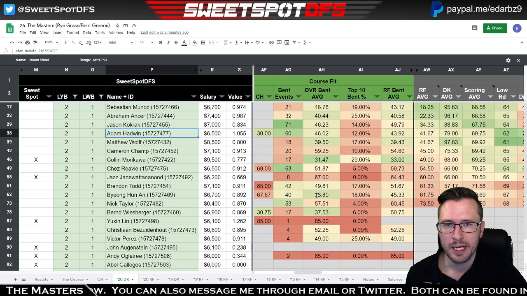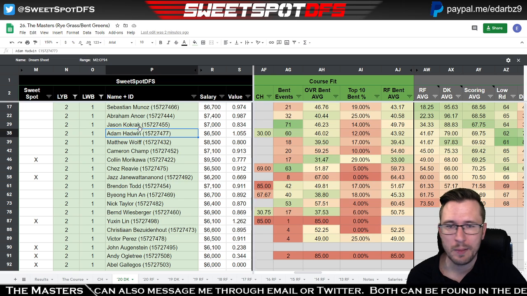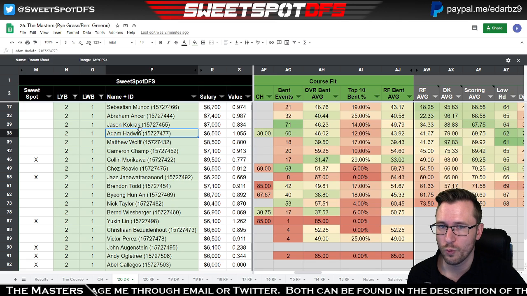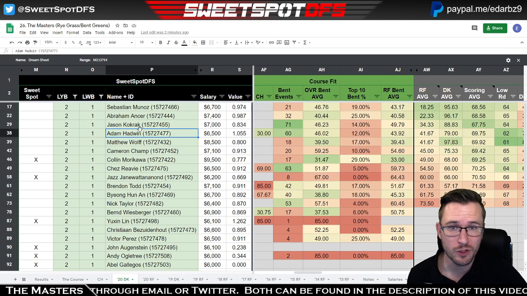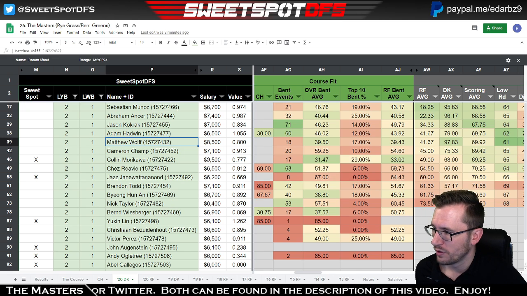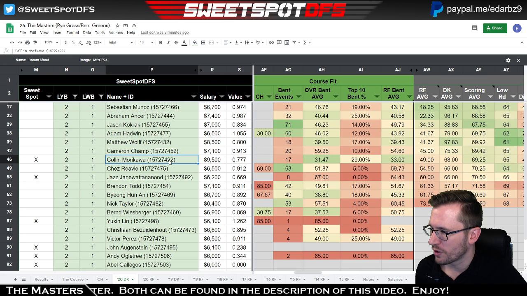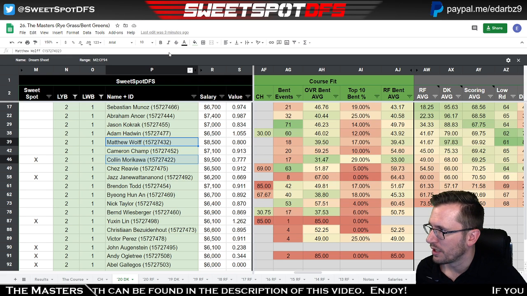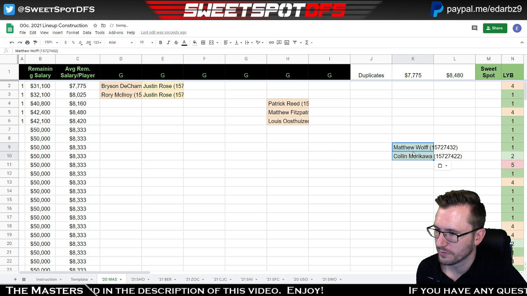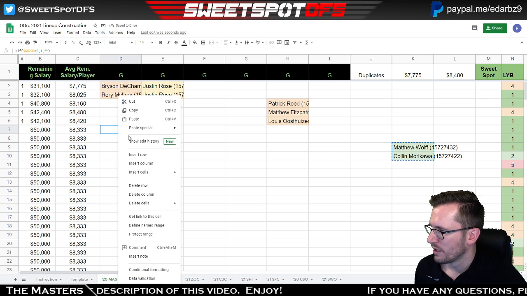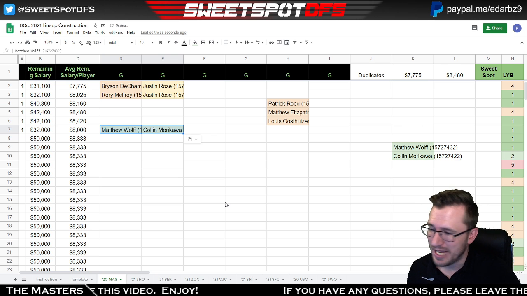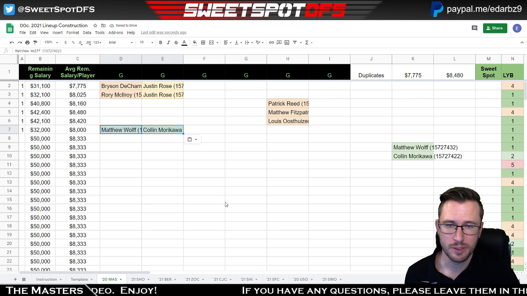If you are playing Collin Morikawa, grab someone in the 6K range, because if they finish, say, 6th place or worse, it's not going to be terrible. It's going to be good value, right? But if you were to play Matthew Wolff with Collin Morikawa, if we were to put these 2 golfers on a lineup together, you would have $8,000 left to build lineups with.